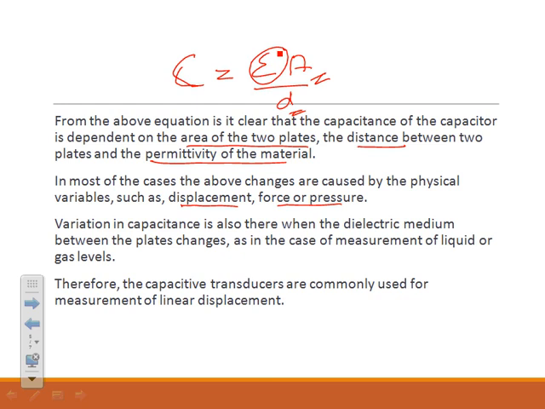So we can use this capacitive transducer to measure liquid or gas level by changing the value of epsilon, that is, the dielectric media. Capacitive transducers are also commonly used to measure linear displacement. As the equation shows, the capacitance depends upon three factors: area, distance between the two plates, and epsilon.